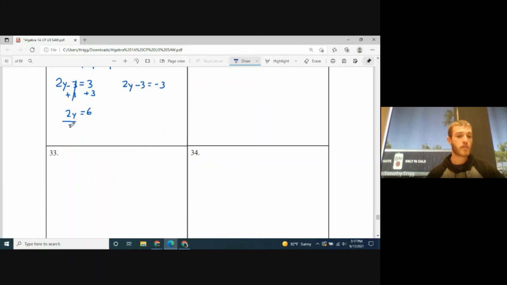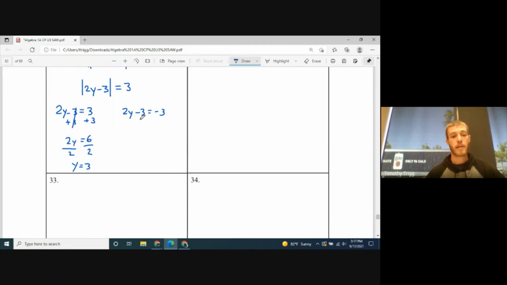Dividing by 2 on both sides will give us y by itself. So y is 3. Same idea here. We're going to add 3 both sides of the equation, giving us that 2y equals 0. Divide by 2 on both sides to get y by itself. Y equals 0. So y equals 3 or 0.